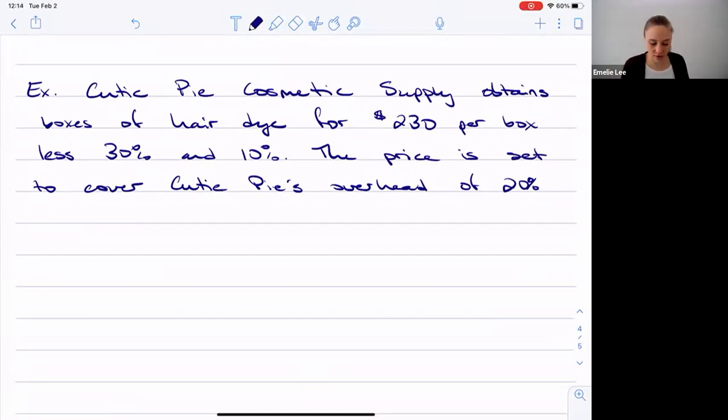Another reason we couldn't really use O for overhead is we try to avoid using O as much as we can because it looks like 0, so it can get confusing. So we use E for overhead expenses or just expenses. That was a side note. Overhead of 20% of the selling price.